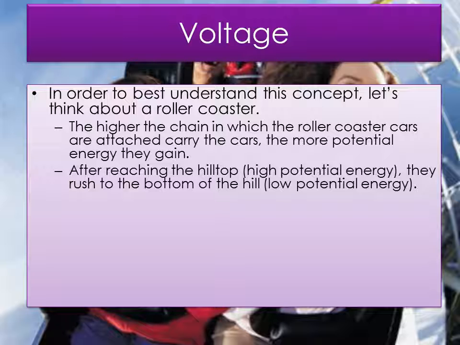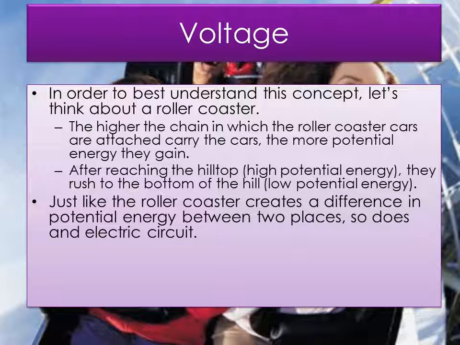Now, after reaching the hilltop where you have high potential energy, you rush to the bottom of the hill where you have low potential energy. So you're going from an area way up at the highest hill, an area of high potential energy, and rushing to the bottom where you have low potential energy.